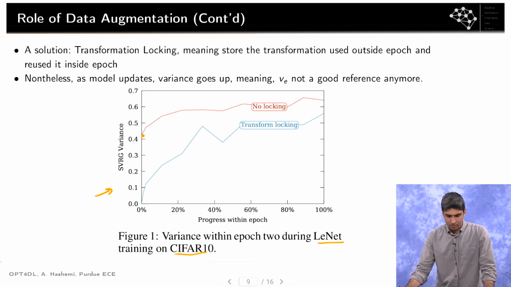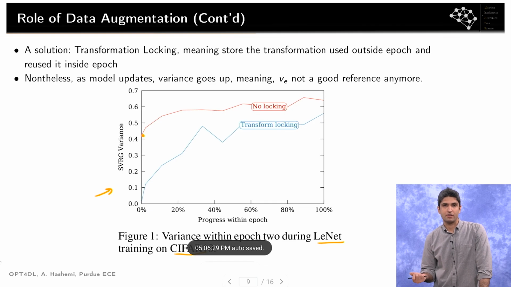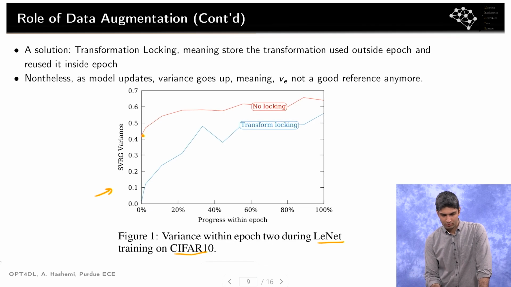The authors propose a solution that somewhat mitigates this issue, and they call it transformation locking, meaning that when I process Z tilde, both inside and outside of the epoch, I use the same transformation. You store the transformation used outside of the epoch and reuse it inside the epoch.